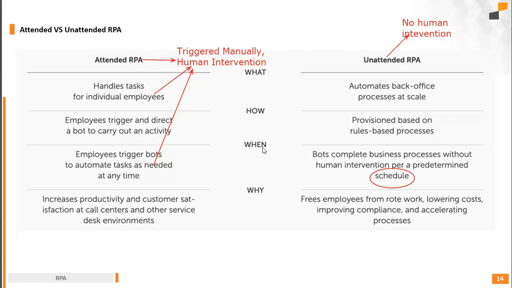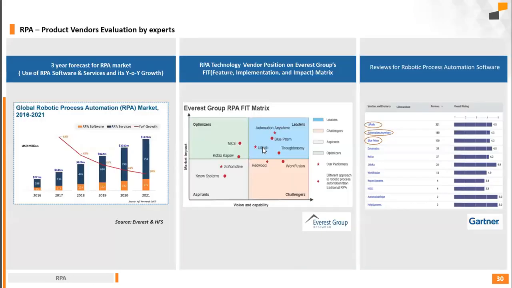So like I told you, UiPath is the leader in the market. A lot of you don't understand this, so for that reason you need to look here. You see this? This is what we were talking about.